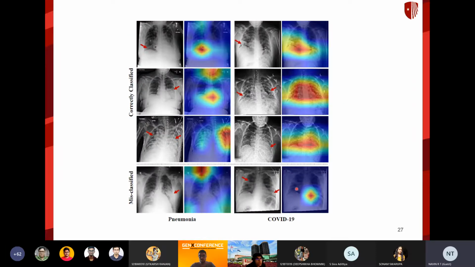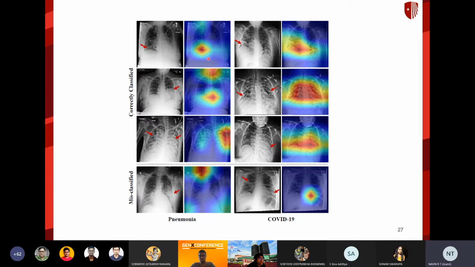Here are some qualitative results that we obtained. So the top first 3 rows are examples of correctly classified cases, and the bottom row are examples of misclassified cases. So red regions are essentially the regions where the COVID infiltrates are, and these were marked by our expert radiologists. And these are class activation maps.